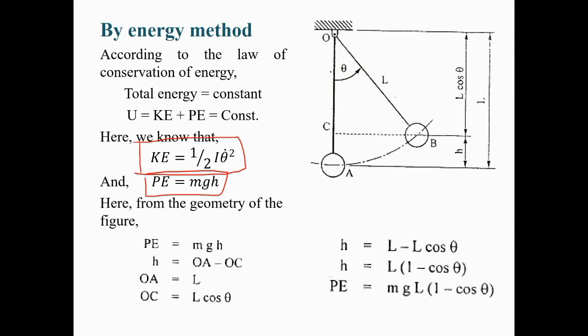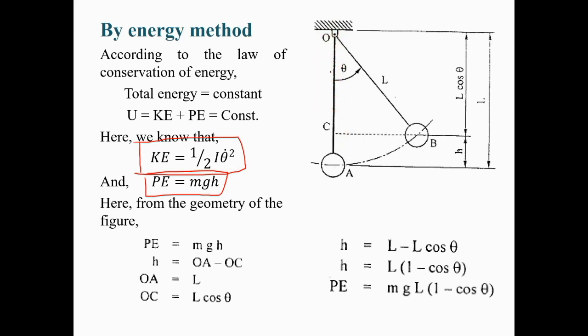So here we can easily see that the length of the pendulum is L, capital L, and as the system is displaced through the angle theta, this distance would be given by L cos theta.